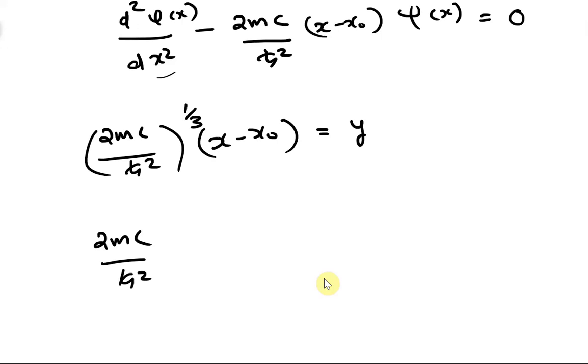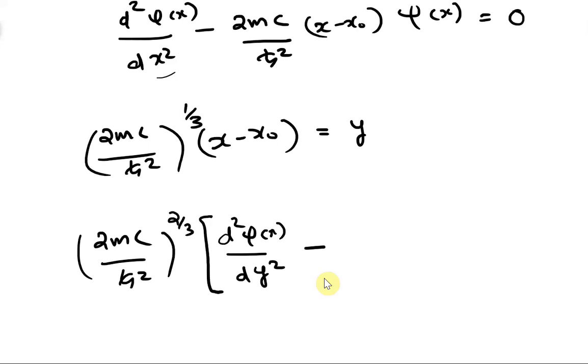You'll substitute it, and what you will have here is the 2/3 power factor times d square psi of x divided by d square y, and minus this term, the 2/3 power quantity is there already, an additional factor, so I will take it commonly outside.